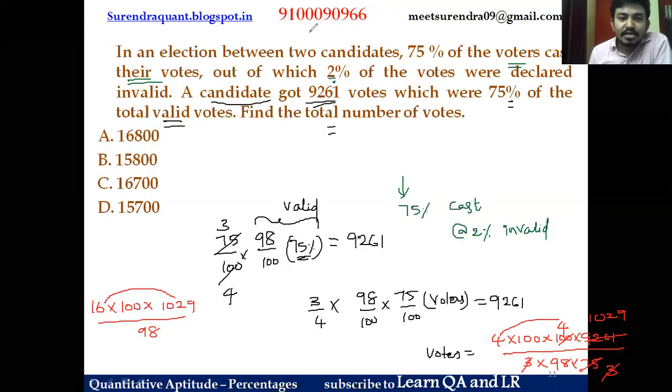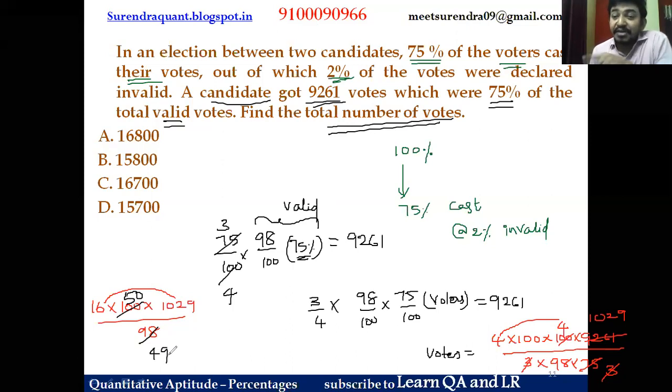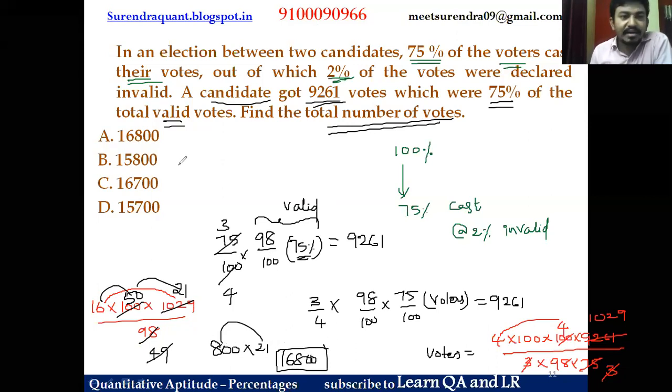Simply 2 goes 50 times, 2 goes 49 times. So 49 goes 21 times. So this is 800 into 21. 21 sixes are 168, and 2 zeros. So 16,800 is the answer, and that is option A.